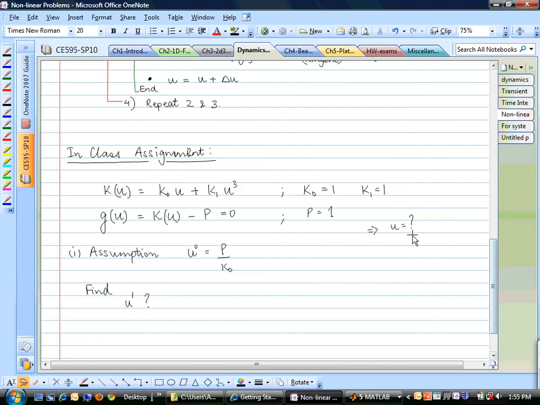So use these values and find out what is the next iterate.